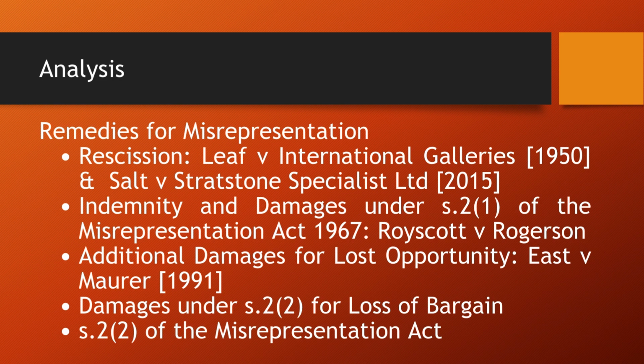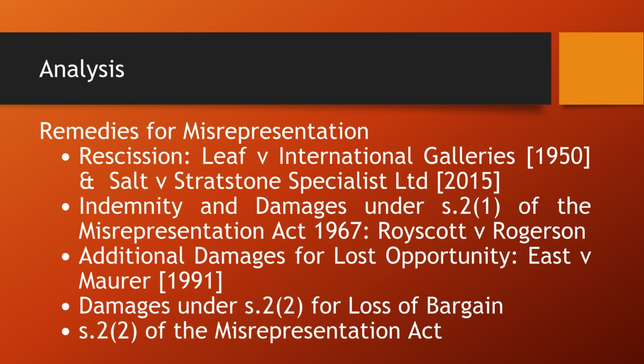In Royscott v Rogerson, the damages were awarded based on tort principles, enabling recovery for all the losses directly related to the misrepresentation. Here, Carey can claim the £15,000 difference between the paid price of £20,000 and the actual value of £5,000.